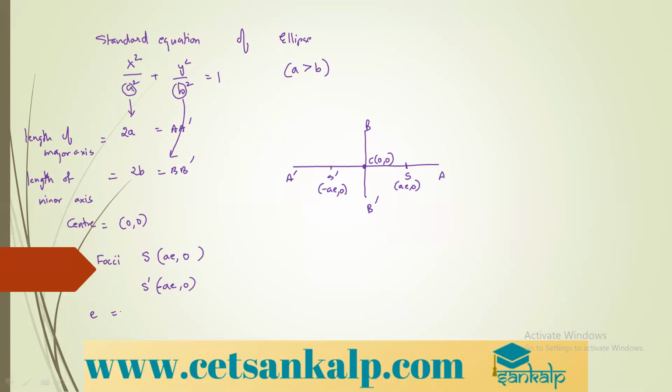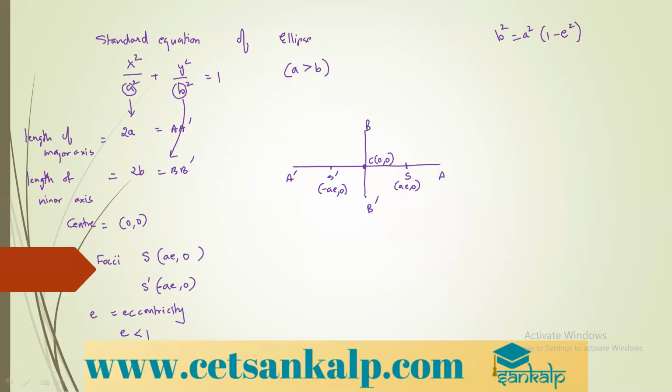What is E? E is called eccentricity of the ellipse. E's value will be less than 1. Not only that, to get the value of E, there is a relation. You can write B square equal to A square into 1 minus E square. This is the relation between A, B and E.